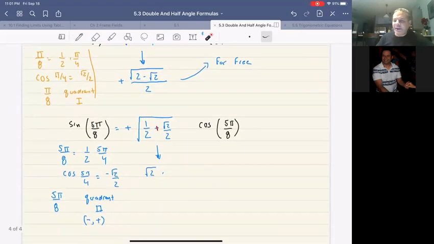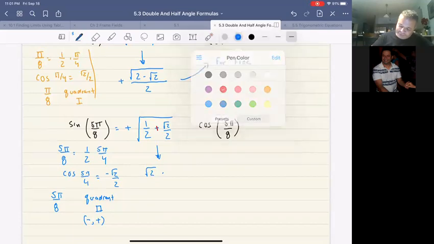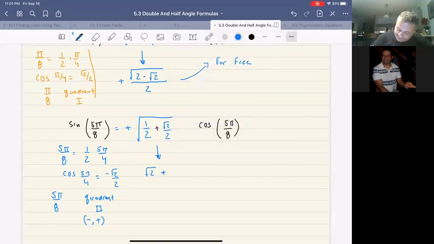So the minus minus became plus. I know you yelled it so hard at the screen that I heard it. So 2 plus root 2 over 2. Now this is again positive.